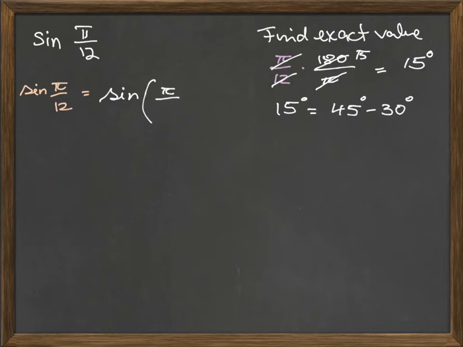Pi over 4. 30 degrees is? Pi over 6. Here you go. So if you come across a radian angle that you're not too familiar with and you don't know how to split it into angles that you know, change it into degrees first and go from there.